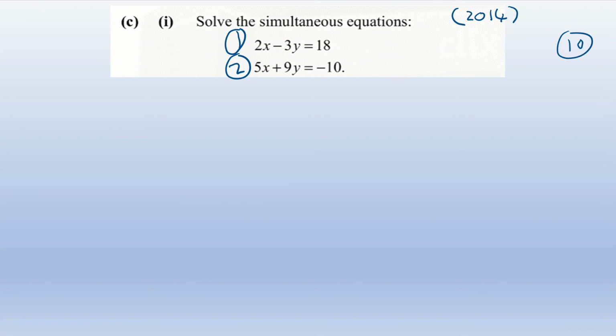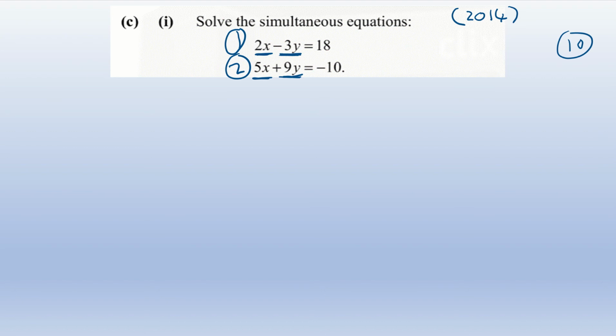So you might notice this is another step up from the question that we did previously. Straight away, just looking at this, if you were trying to come at this question the same way that we did the other one, we cannot go straight into adding equation number 1 and equation number 2 together, or subtracting them in order to get rid of one of the variables, because 2x and 5x, they're not the same, and minus 3y and plus 9y, they're not the same.